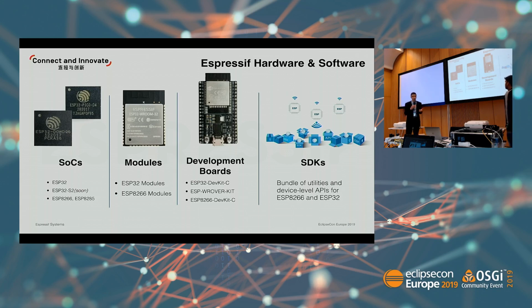So the chips themselves, we also manufacture modules which are based on the chips, and the primary purpose of the module is to provide what is called modular certification. If you're integrating a Wi-Fi or Bluetooth device into your product, then the product must later pass FCC or CE or some other national certification that it doesn't cause more interference than it is allowed to cause.